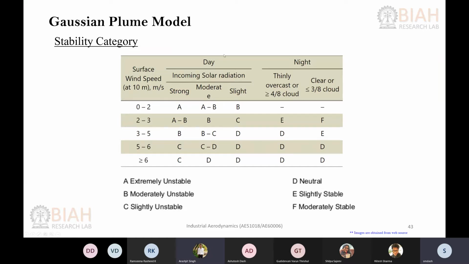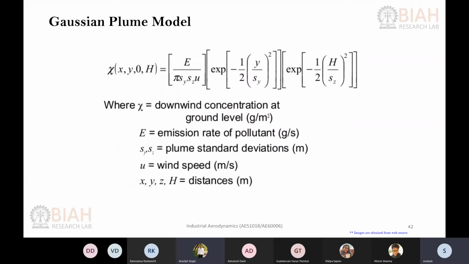Sir, like in the previous slide, here we can't vary the Z. You know, the height cannot be varied. So this formula is for when you are reaching an equilibrium condition.